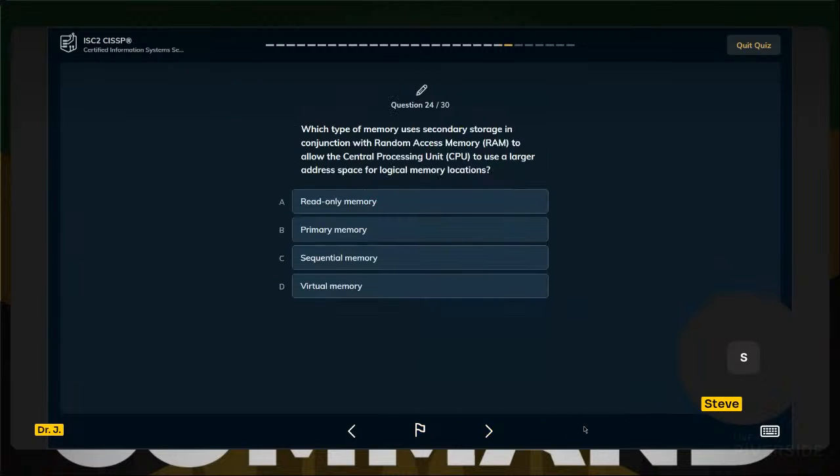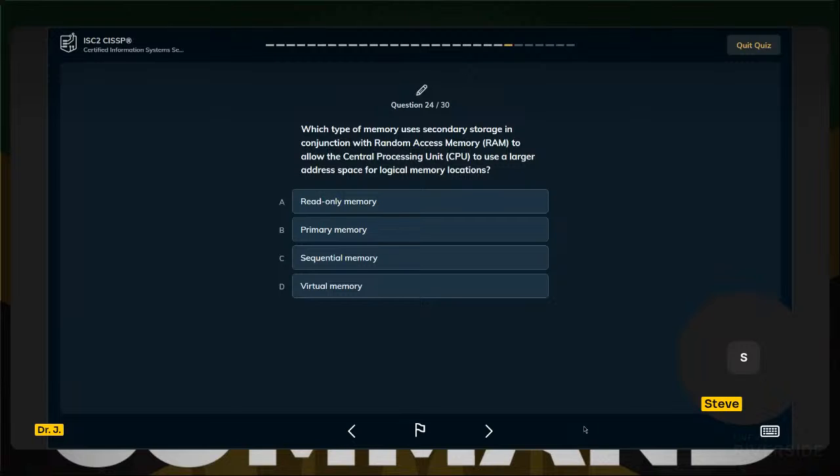All right, which type of memory uses secondary storage in conjunction with random access memory to allow the central processing unit to use a larger address space for logical memory locations? Secondary storage. Would it be virtual memory? Yeah, I think it is virtual memory.